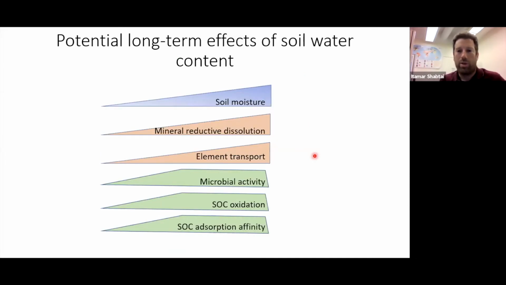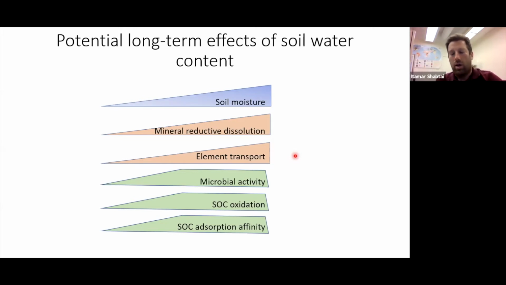So we hypothesized that there could be several different processes working basically at the same time, which could affect what we're seeing. So with increasing soil moisture, there could be increase in the reductive dissolution of mineral phases that are redox sensitive. When there is more water, there's greater opportunity for element transport, vertical and lateral. With increased soil moisture up to a certain point, there is an increase in microbial activity, as we just saw. Soil organic carbon becomes more oxidized due to this decomposition by microbes.